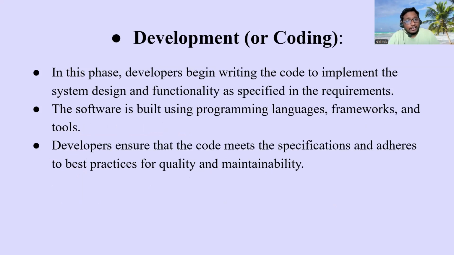So the development phase is also called coding. You'll be implementing the design. In this phase, developers begin writing the code to implement the system design and functionality as specified in the requirement. So the design team will be designing the software based upon the requirements, and the development team will be developing the software based upon the design, which is based upon the requirements, right?